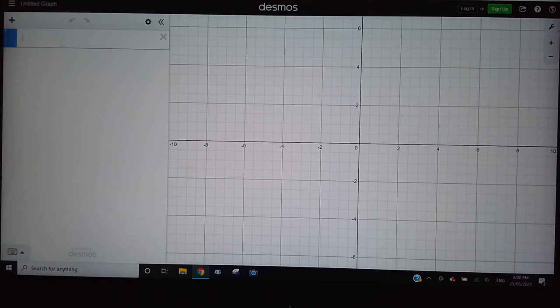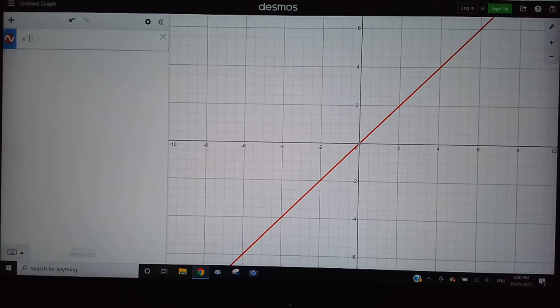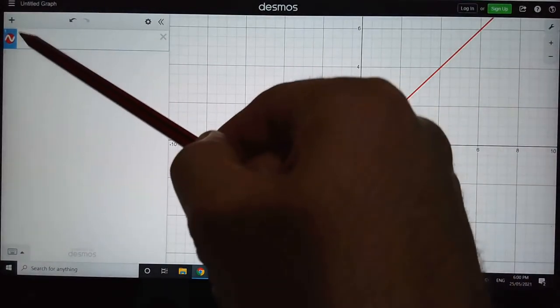If you recall what the piecewise function was, the first piece is the function f of x equals x. However, we need to restrict the domain for values of x less than 1. So what we use is the open curly brace. You can see that symbol there.